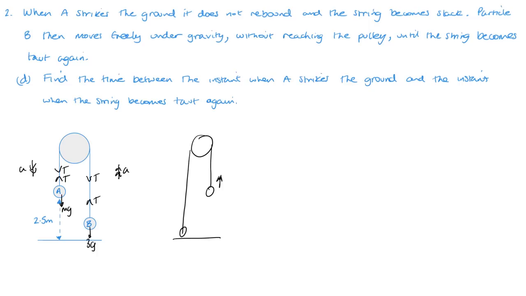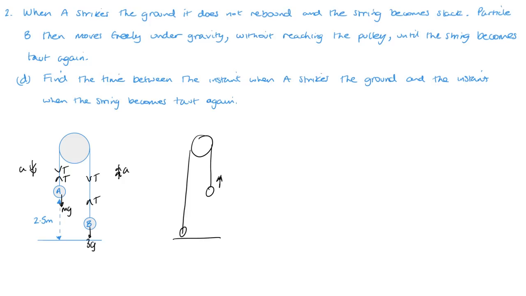Okay, and then we want the time between the instant A strikes the ground and the instant the string becomes taut again. So what we're looking at is that time that it goes to the top and then comes back to this point, and then the string will be taut again.